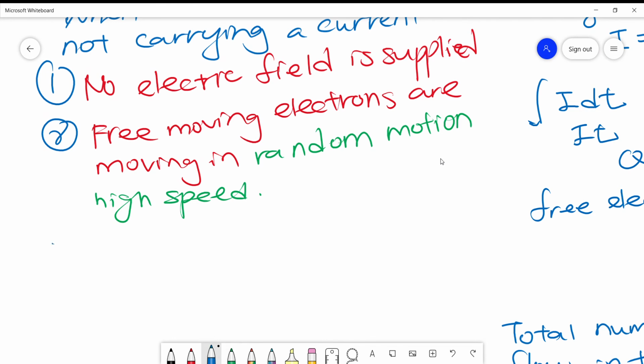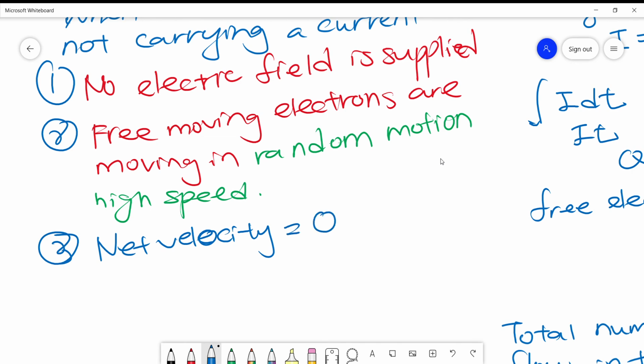I repeat: if the free moving electrons move in random motion with high speeds, the net velocity is equal to 0.